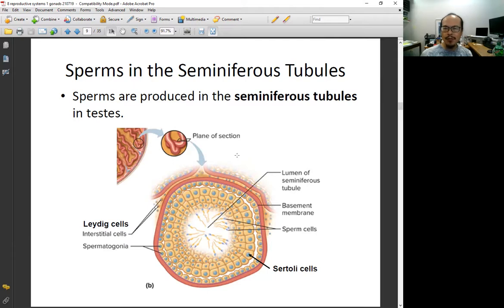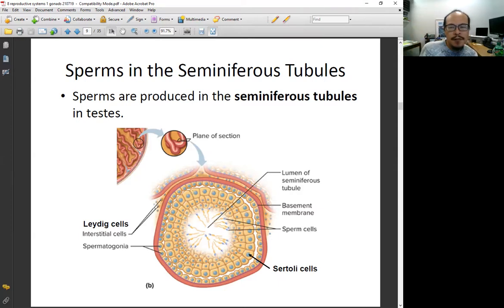Now let's look into more detail about how sperm is formed. So remember that sperm originate from the seminiferous tubule inside of the testicles. If we do a cross section of this tubule, we can see that sperm is not the only cell here. There are two major other cells.